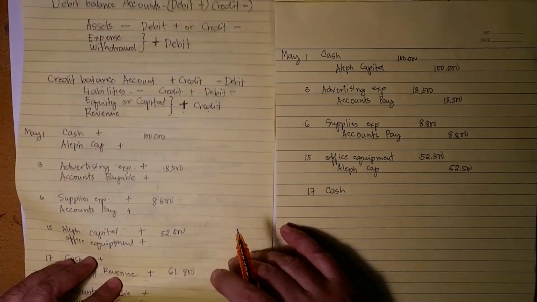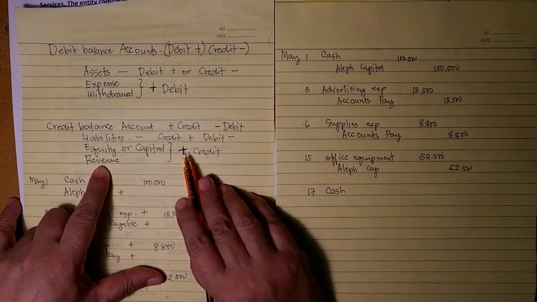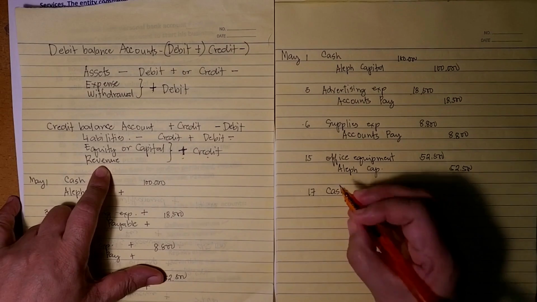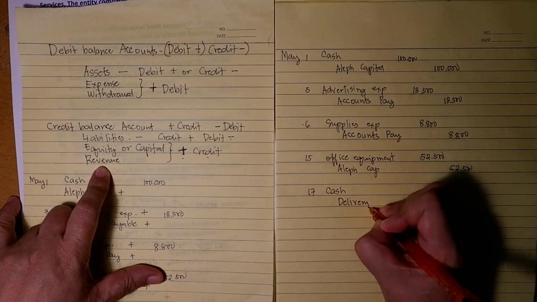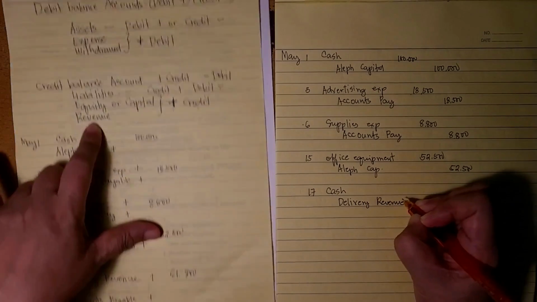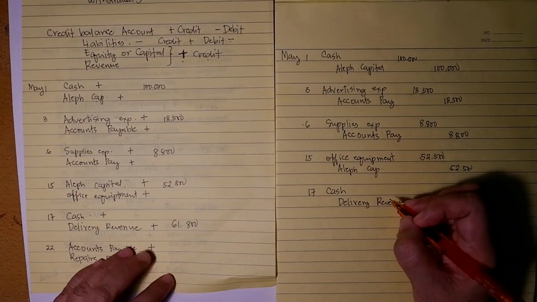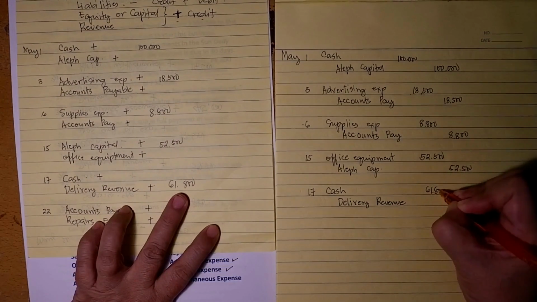Delivery revenue is revenue. Again, in our guide, revenue is always plus and it is always credit. So we have delivery revenue. That is 61,800.